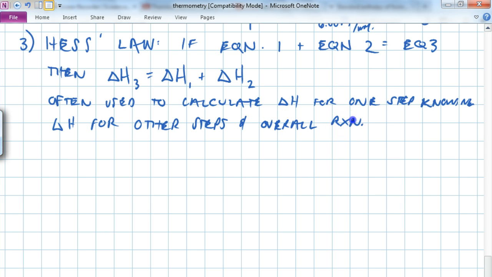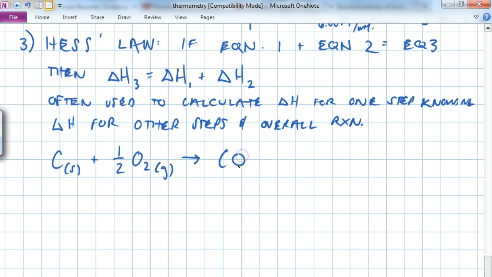So I think we've seen this before, that many reactions actually happen in steps. Let's look at one example. The combustion of solid carbon, let's say charcoal, or diamond maybe. The combustion of solid carbon in oxygen actually proceeds in steps.